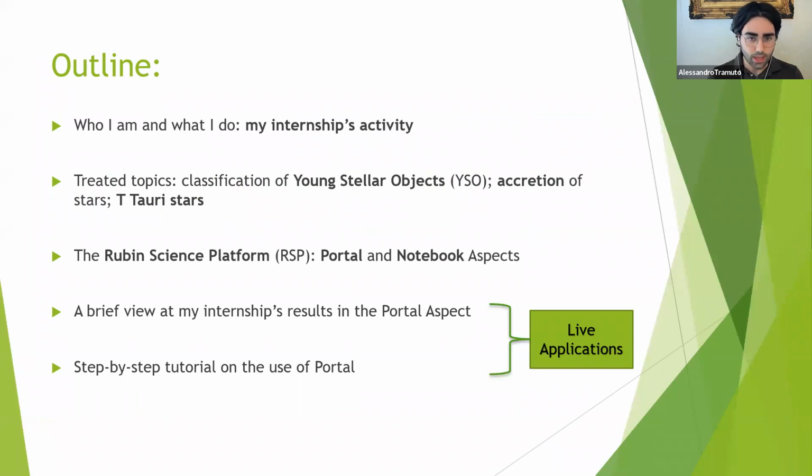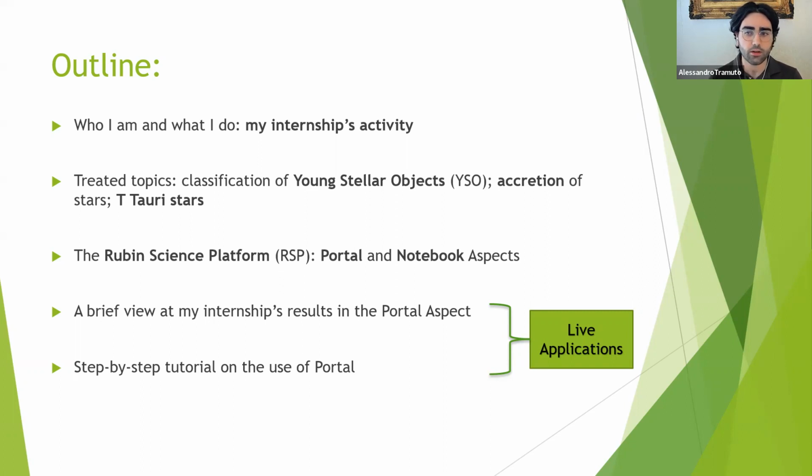So there's an outline, just the main topics of this presentation. At first, I'm going to tell what I've done in my internship, so just the main points, and the treated topics, in particular young stellar objects, accretion of young stars, and the classification of T Tauri stars.